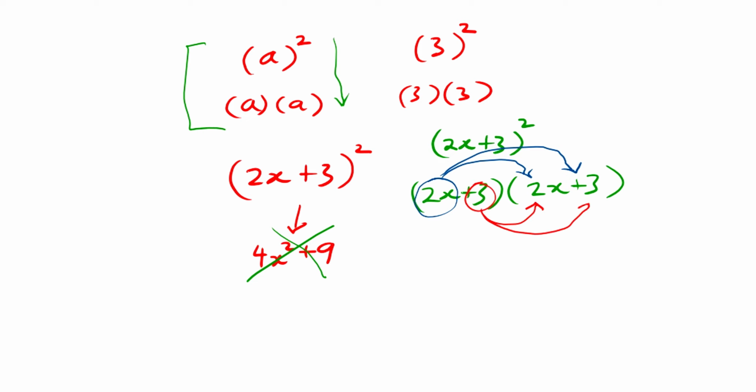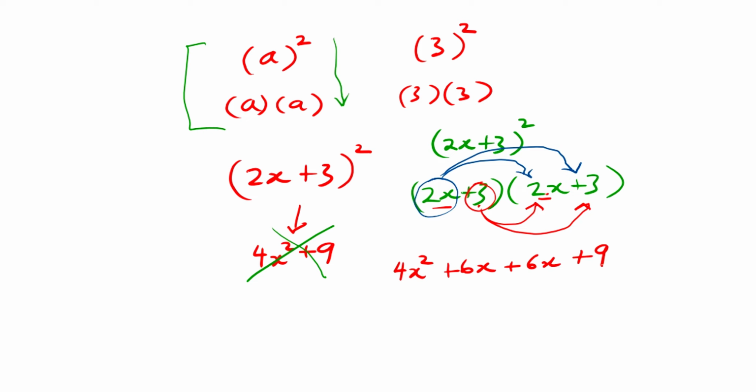Okay, so here I'm going to get 4s squared for this and this, plus 6s for this and this, plus 6s for this and that, and then plus 9.